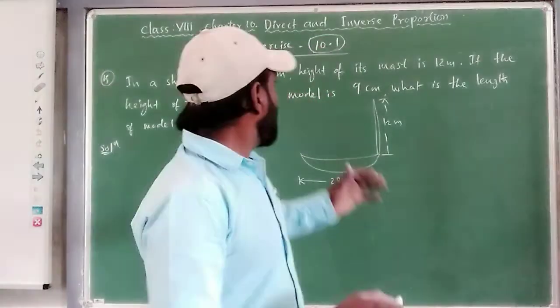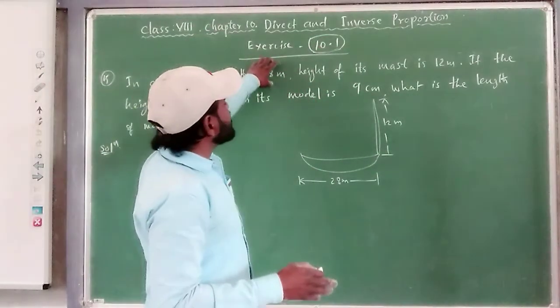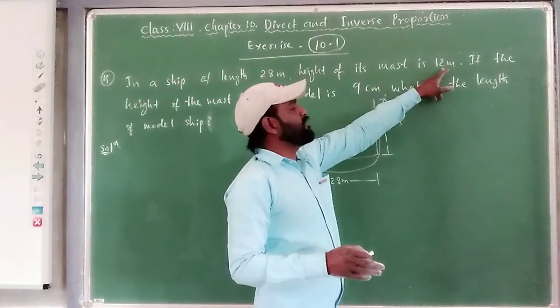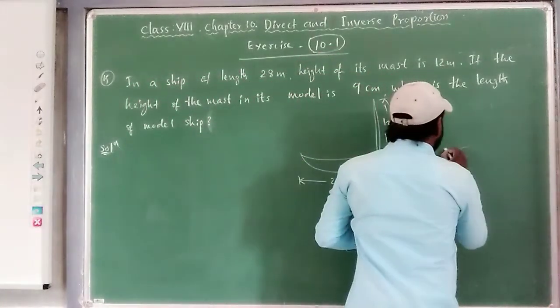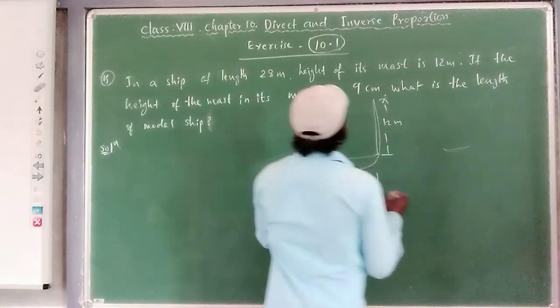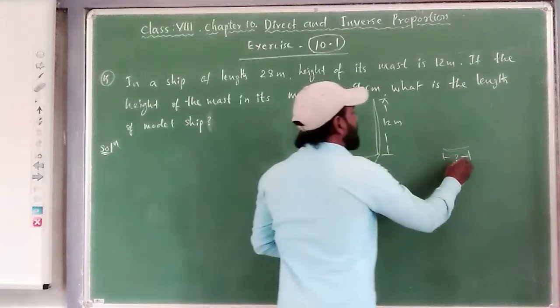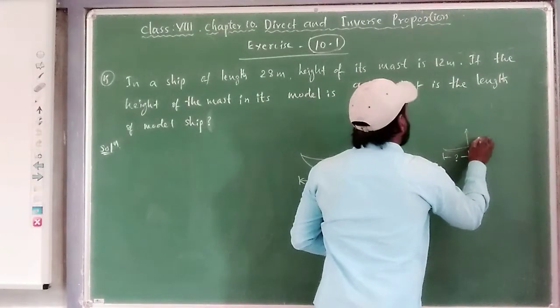Now, here original ship dimensions are 28 meters length, height of mast is 12 meters. In the model ship, that means a design of it, we need to find the length. Height of its mast is given as 9 centimeters.